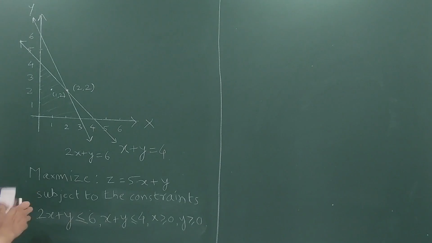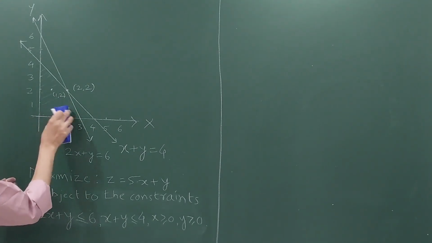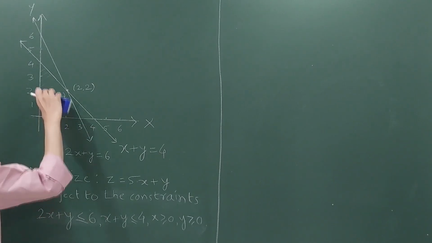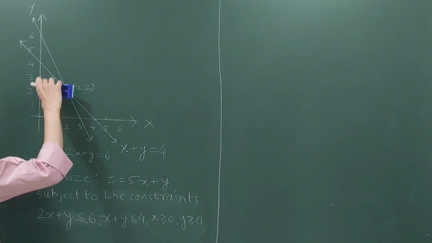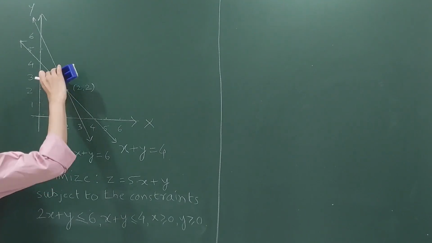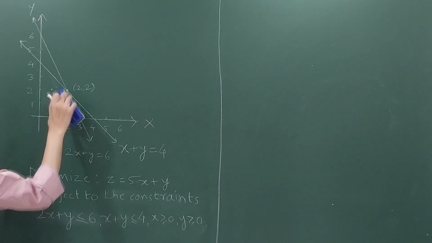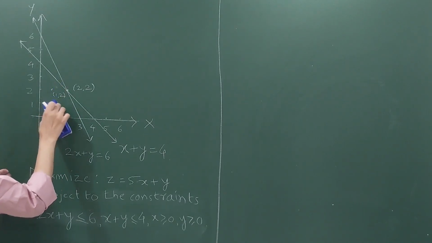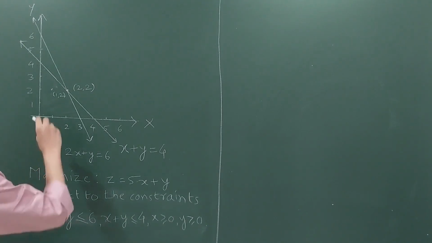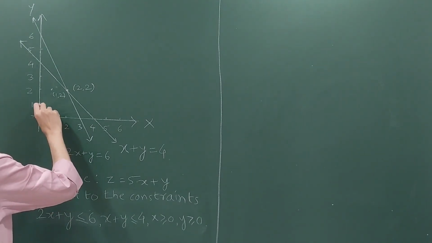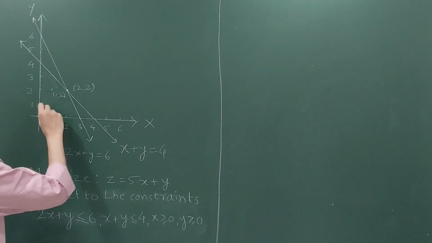All right. Let me now just erase or rather wipe out these lines. I don't want them to interfere with our other drawings. Fine. So this is our point that is under consideration. All right. Now what I will do is I will draw a line that passes through 0, 1 and 1, 2.